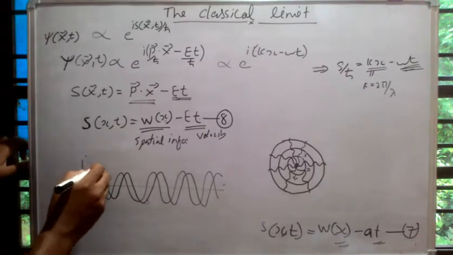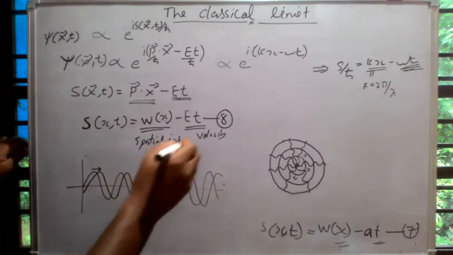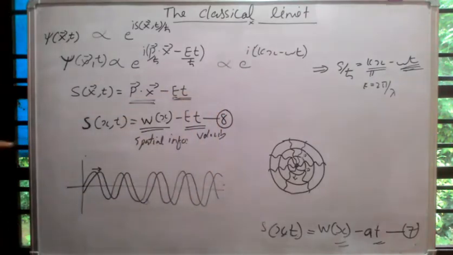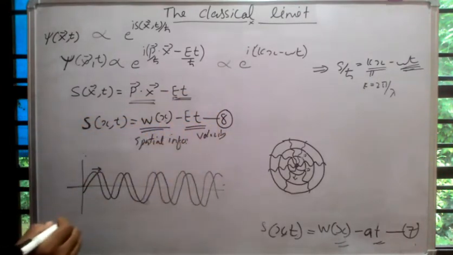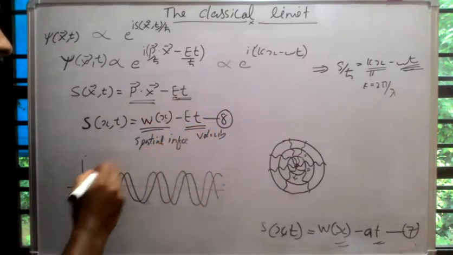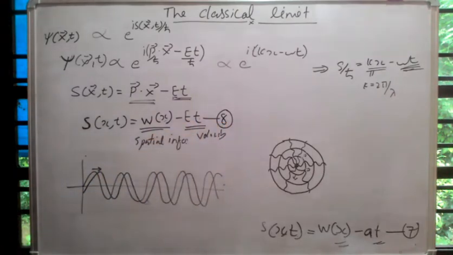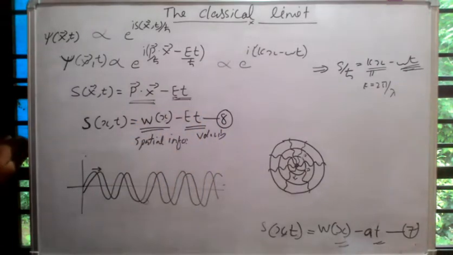That means we can find out how much distance it traveled within that time. This portion is the phase, and it gives all the information about the wave: the spatial information and the velocity. So we can find out how the wave advances with respect to time.